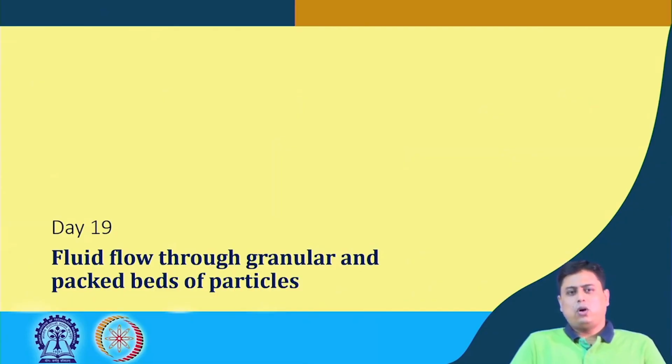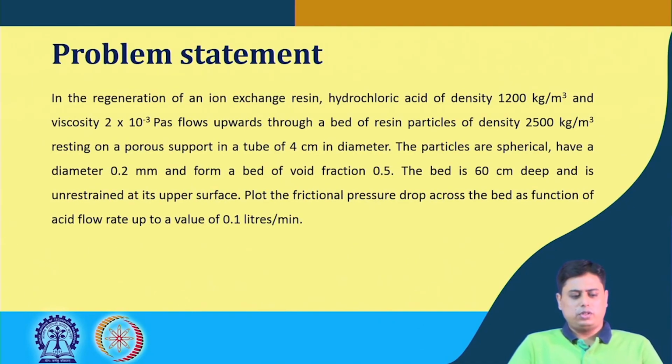So let us go on with another problem. In the regeneration of an ion exchange resin, hydrochloric acid of density 1200 kg per meter cube and viscosity 2 times 10 to the power minus 3 Pascal second flows upward through a bed of resin particles of density 2500 kg per meter cube, resting on a porous support in a tube of 4 centimeter diameter.